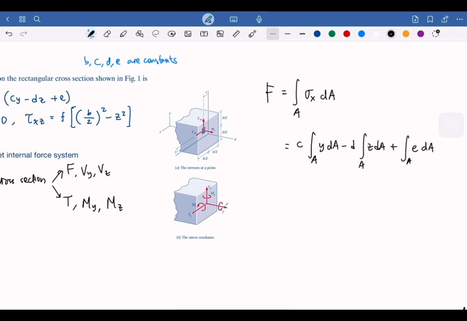Now, how to integrate this? We could define y as y bar, so based on the centroid of the masses. And this will be z bar.